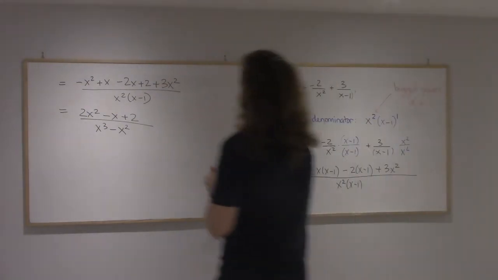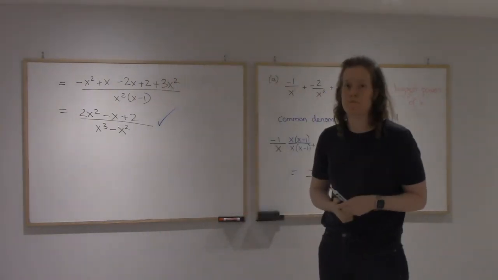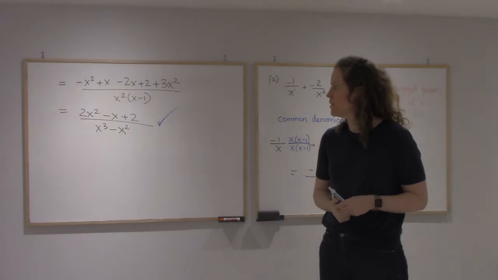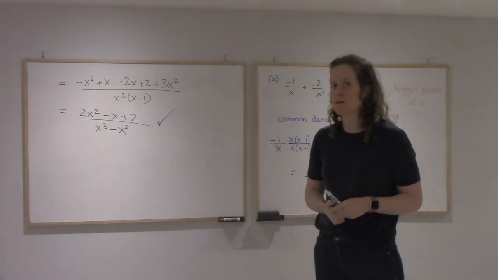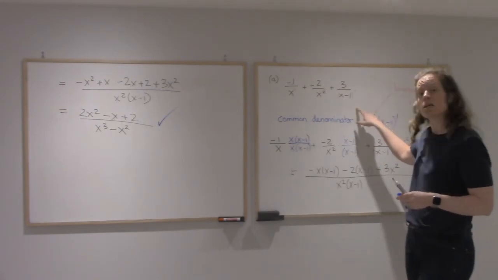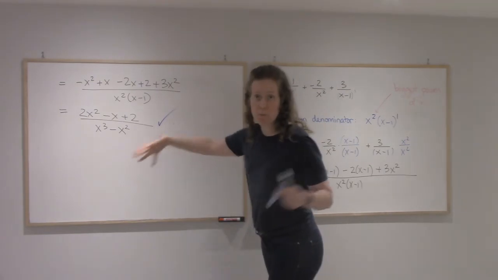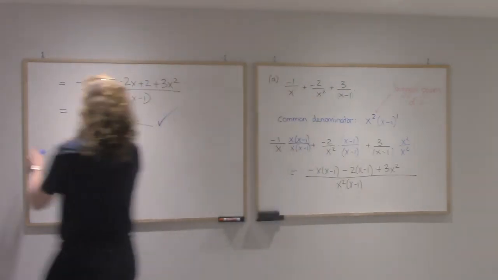That's exactly what we had. All right, so using common denominators, we see that this sum of three rational functions is the same as this big one.